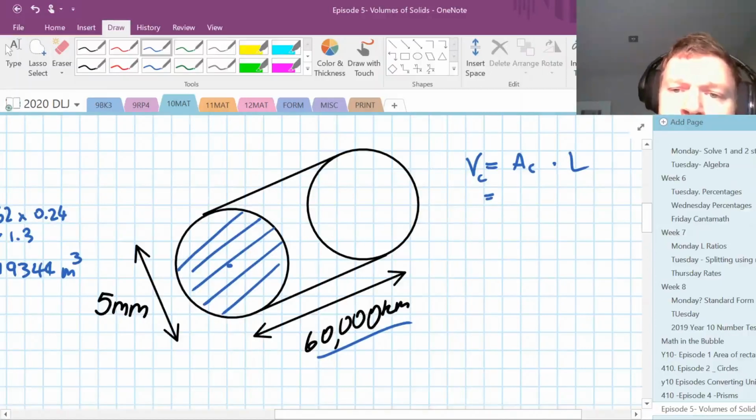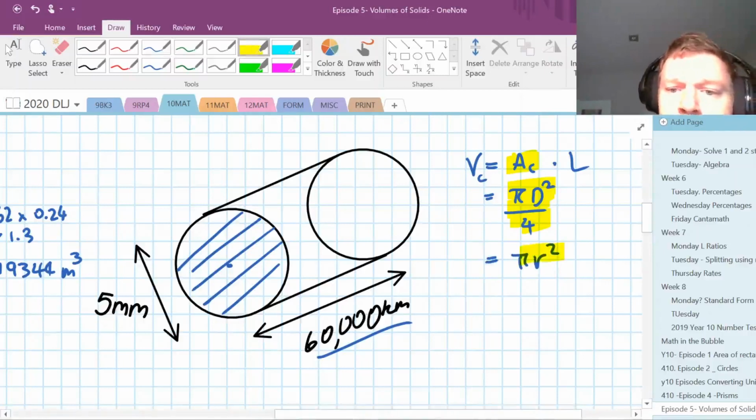So what is the area of the cylinder? Well, we got that new formula, pi d squared over 4, so that's the same. The area of the cylinder is pi d squared over 4, is also the same as pi r squared. All those things in yellow are the same thing.